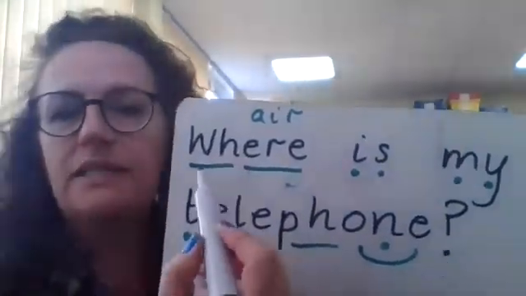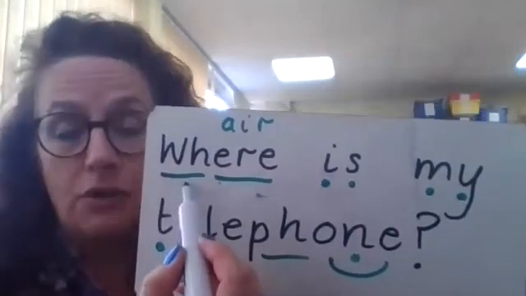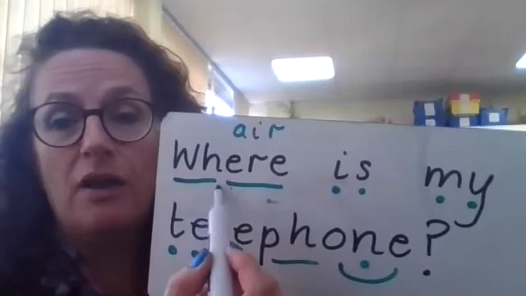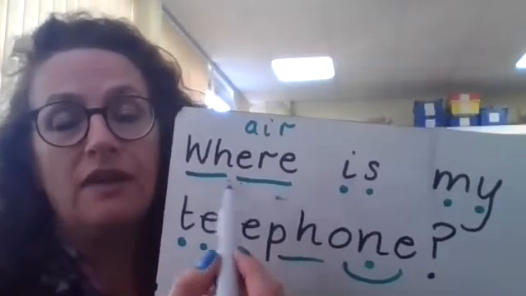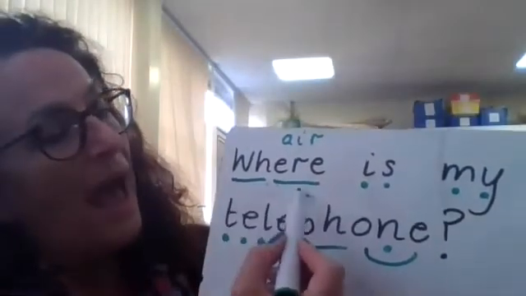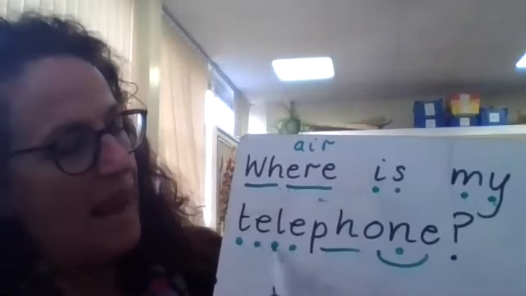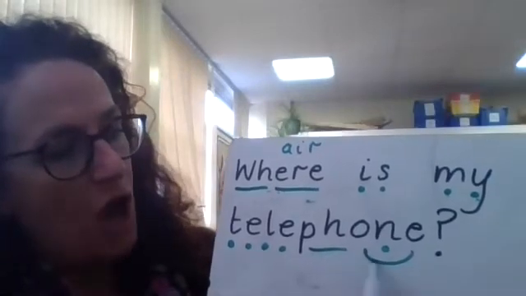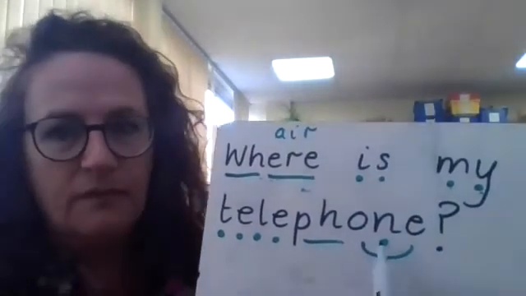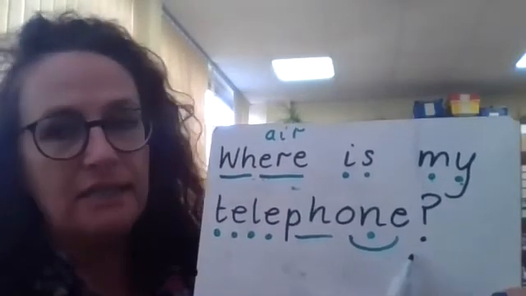But you should know this, this has been one of your keywords from the end of reception, so you should know how to spell this, even though now we can sound it out. So where is my telephone? Okay, and we definitely need a question mark because it is a question.